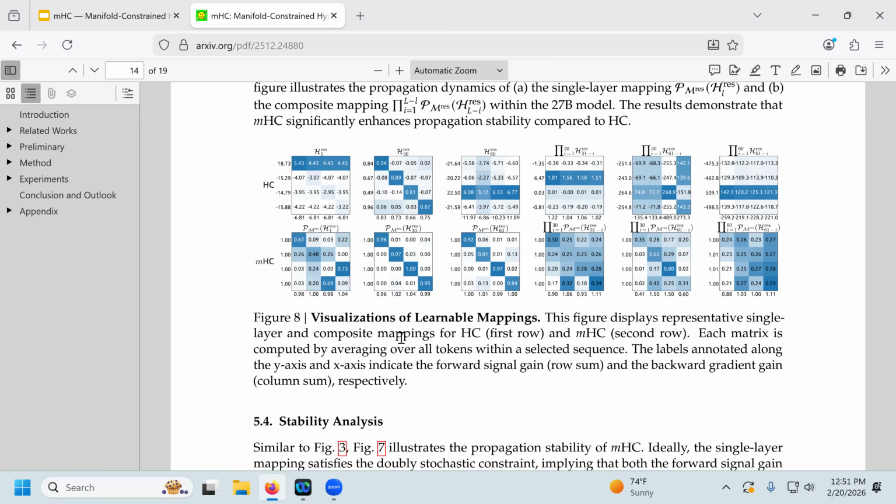This method is trying to solve that. Not about ResNet, about this HC. Does it achieve this goal? Yeah.